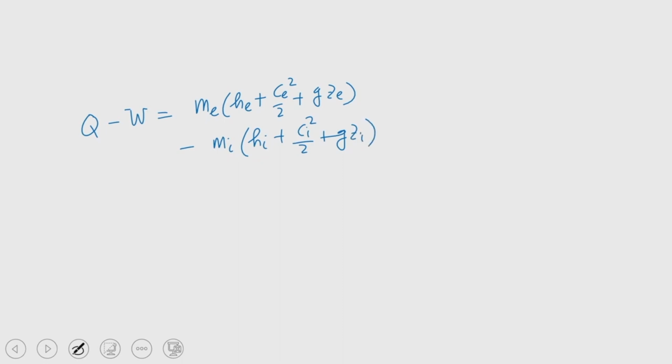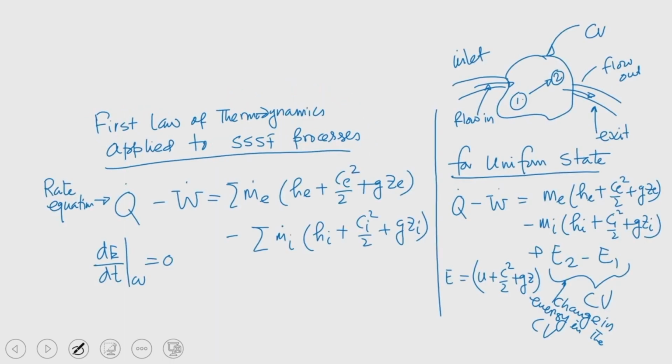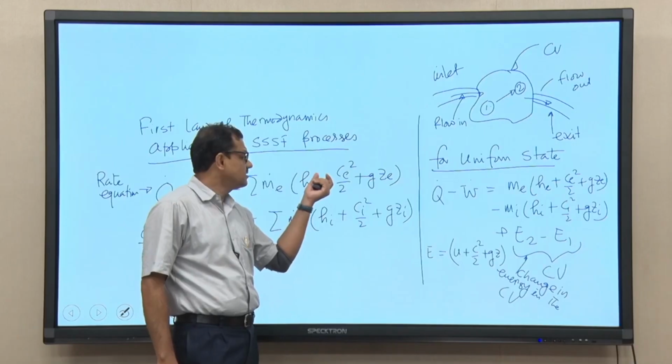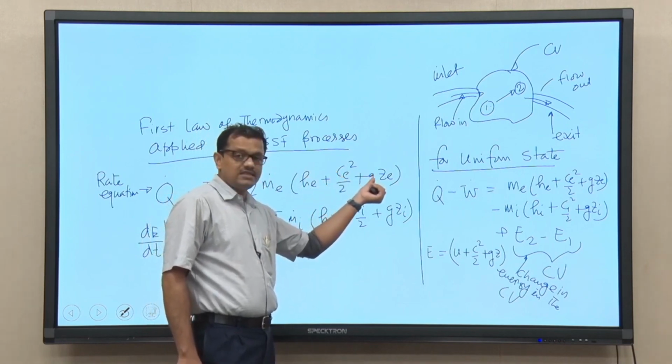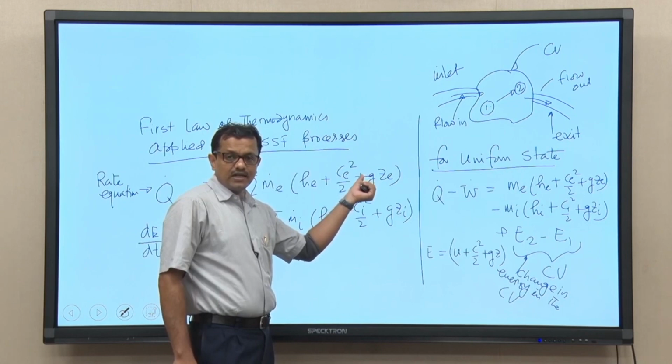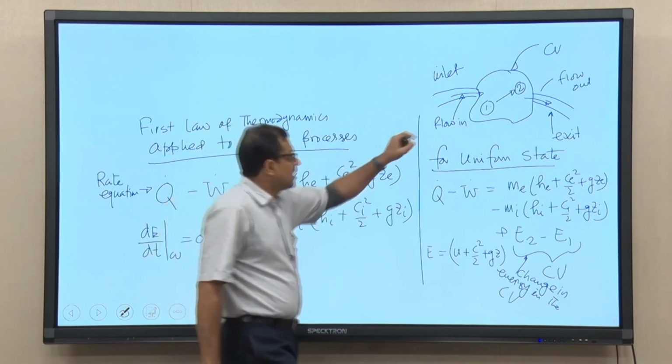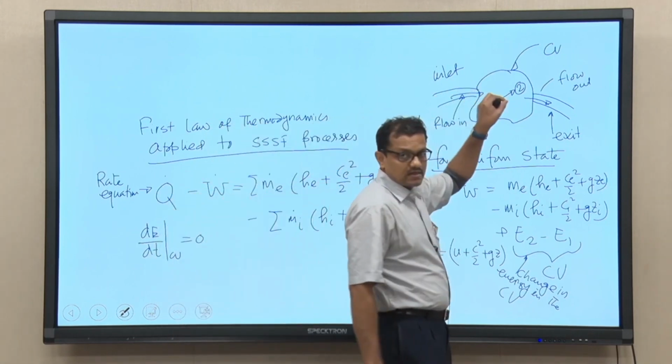So, you know that here also we have assumed that we have taken only single entry single exit. Let me tell you, this equation is valid only under an important assumption, that is h, velocity and g z, these three properties do not vary across each flow section.